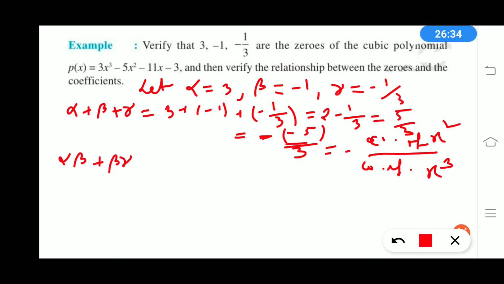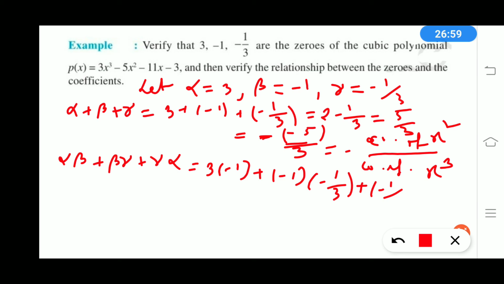Next, alpha beta plus beta gamma plus gamma alpha. So this equals 3 into minus 1, plus minus 1 into minus 1 by 3, plus minus 1 by 3 into 3. Clear? So equal to minus 3 plus 1 by 3 minus 1.